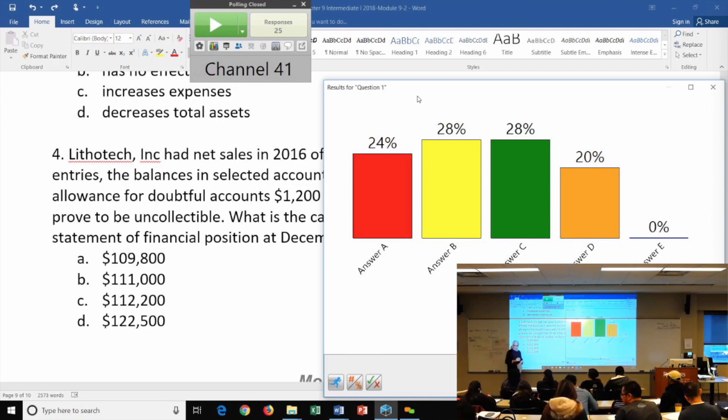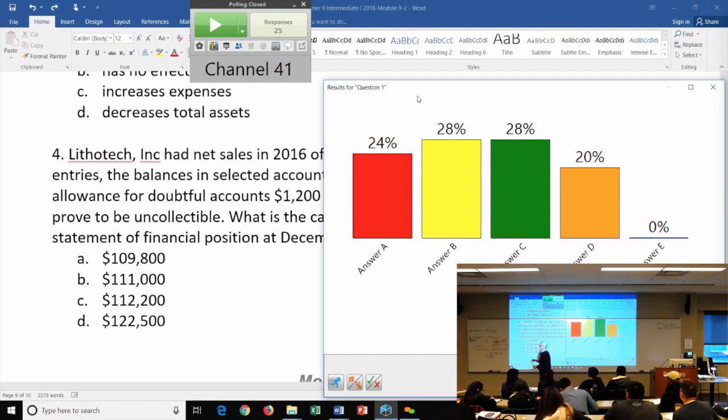Question is, is that the adjustment, or is that the balance you want in the allowance account? That's my adjustment. So when you use the percentage of credit sales, that's the adjustment.